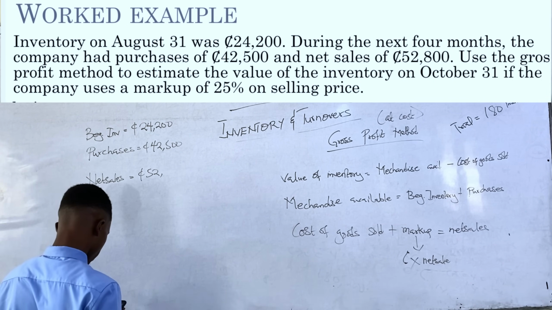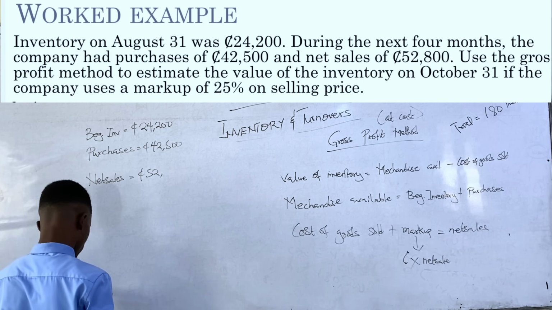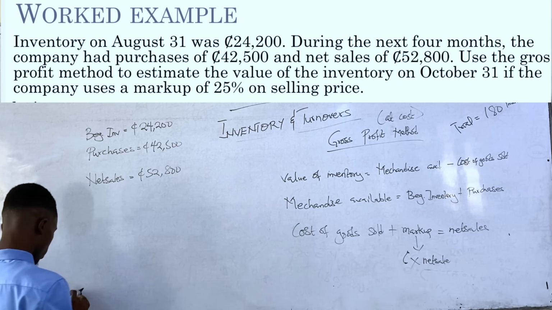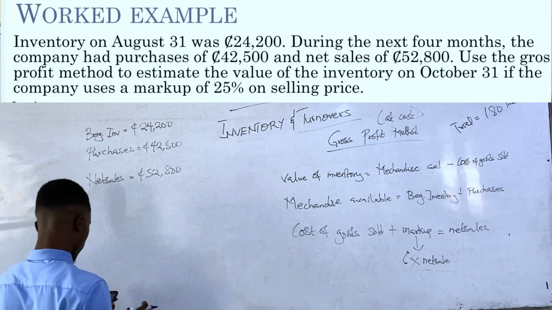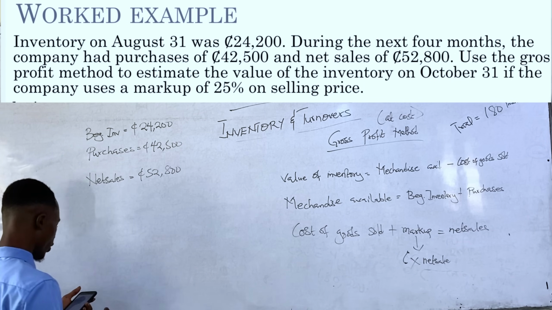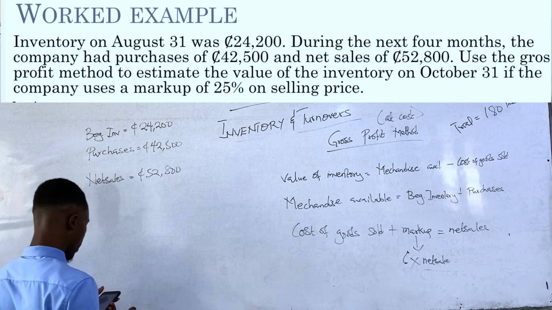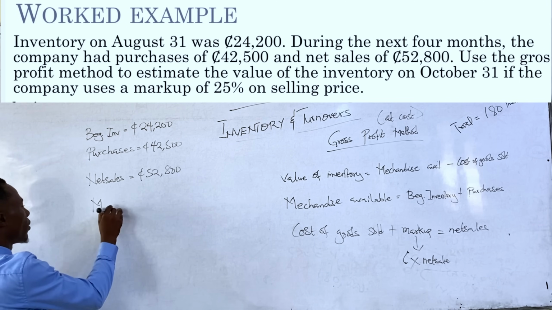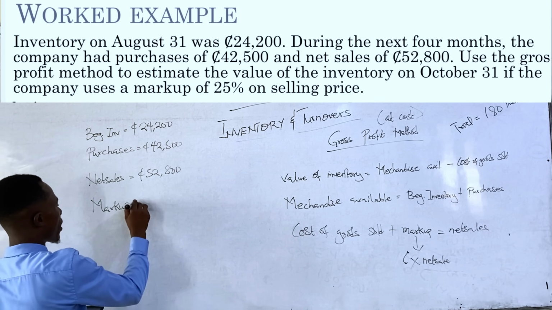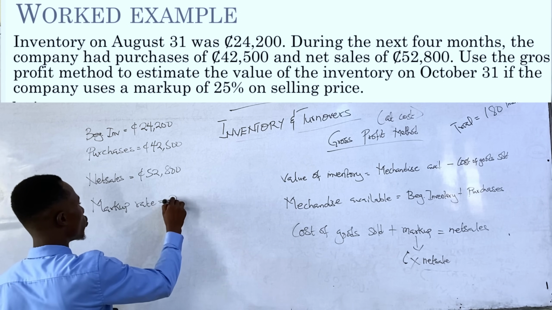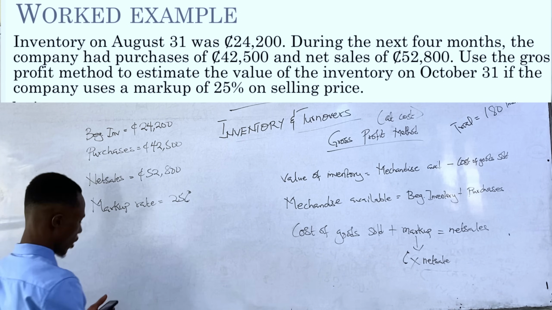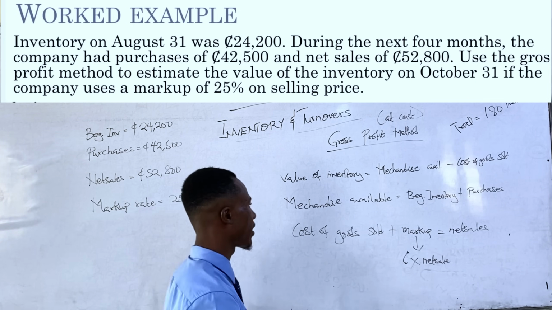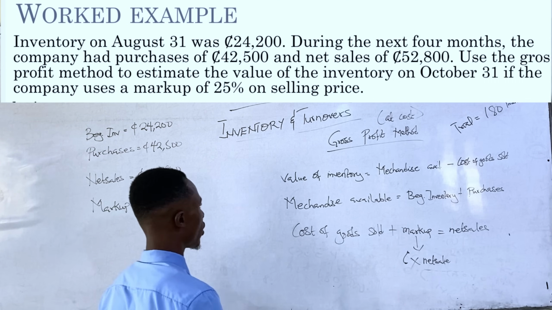Then use the gross profit method to estimate the value of inventory on October 31st. A markup rate was given, 25%. So these are the parameters given in the question. Let's see if we can solve it.